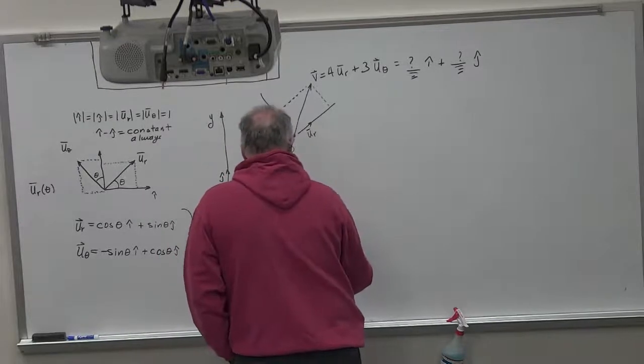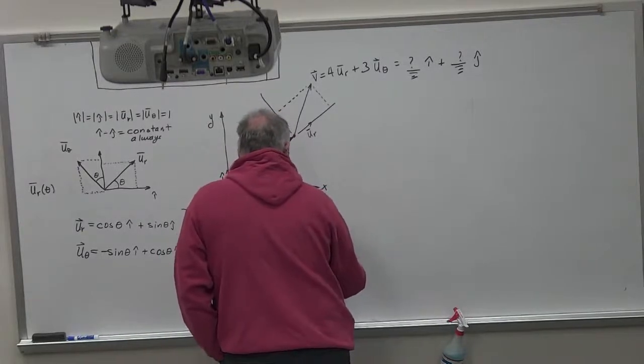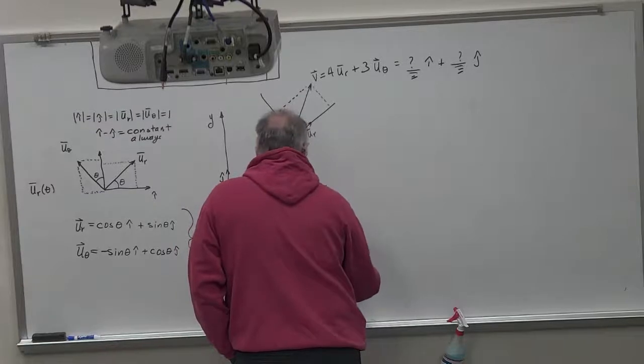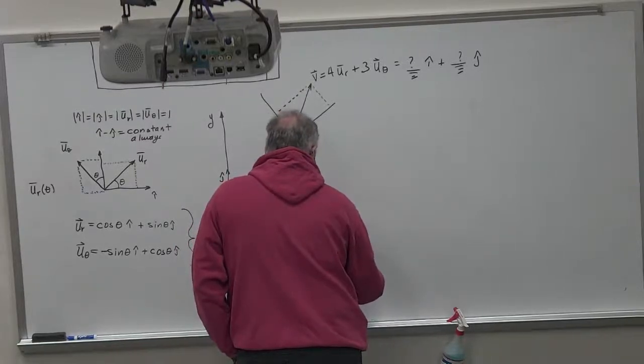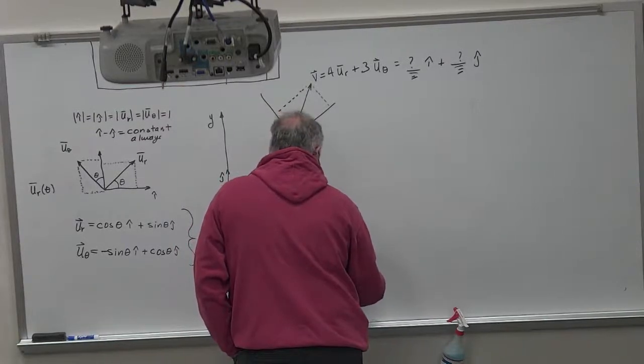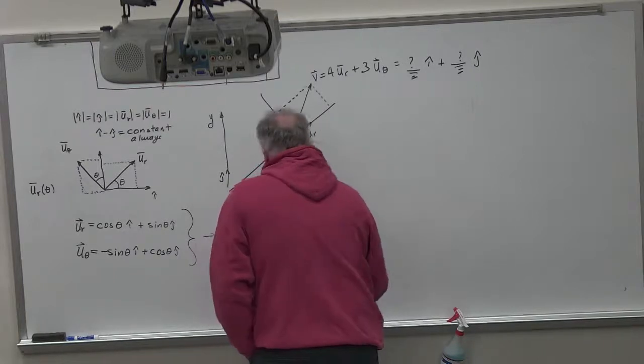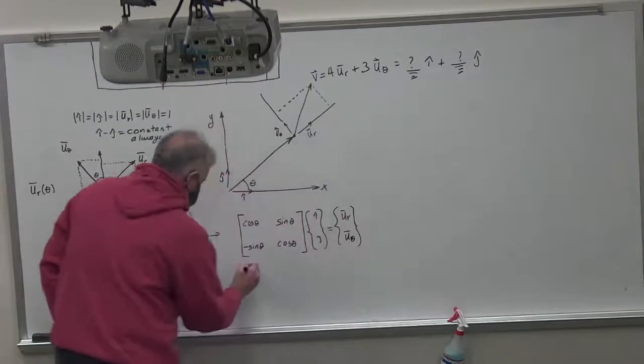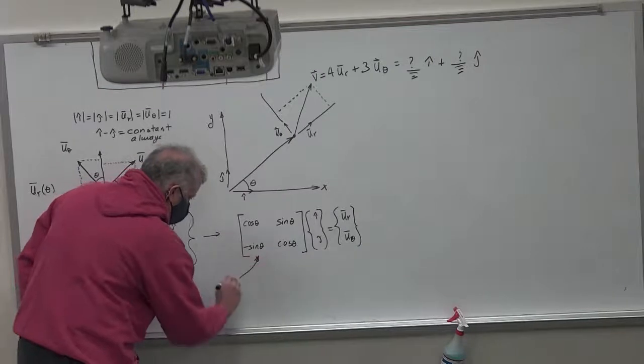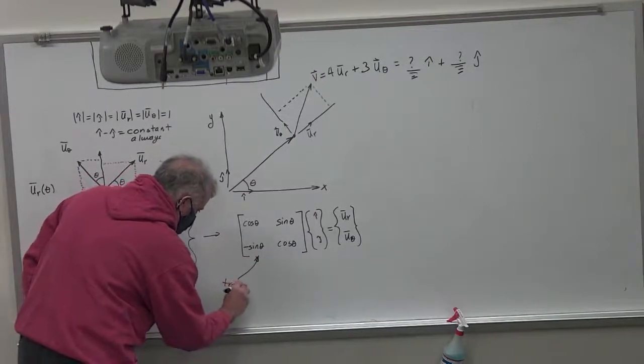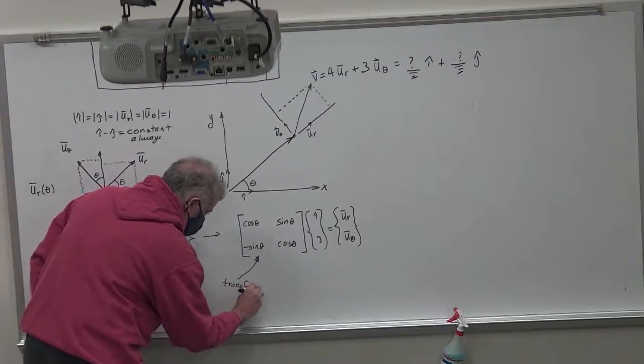And then you can put i, and you can put a j, and then you can put u_r, and you can put u_theta. This thing is sometimes called a transformation matrix.